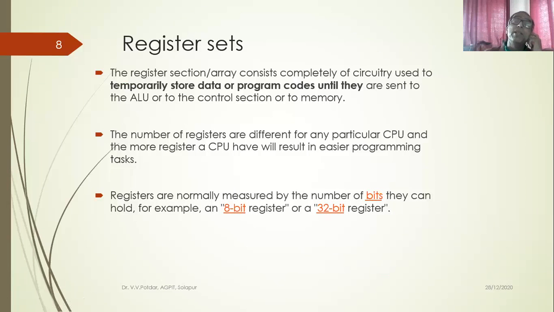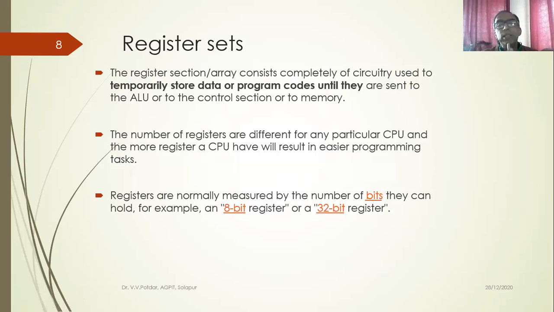Then we have the register sets. You can call them memory sets, the register section or register array, which consists completely of circuitry used to temporarily store data or program codes until they are sent to the arithmetic and logic unit, or to the control section, or to the memory. Temporary storage devices are registers.